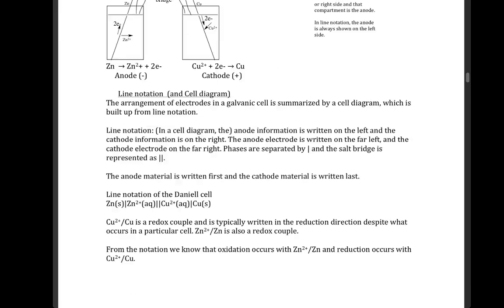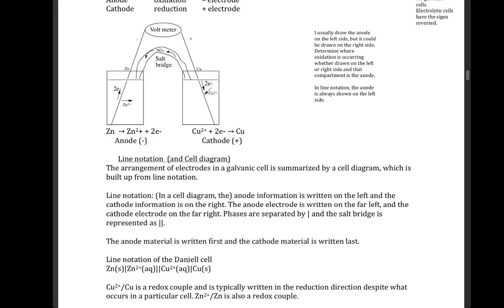Notice that in the cell diagram we have here with the voltmeter and salt bridge, we also have the zinc compartment, the anode compartment, on the left, and the cathode compartment on the right. But as I write in the small text paragraph to the right of that cell diagram, I usually draw the anode on the left side, but it could be drawn on the right side.